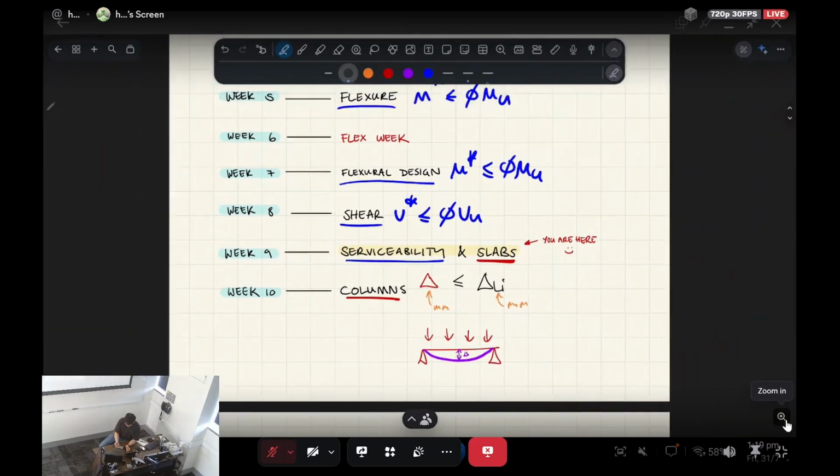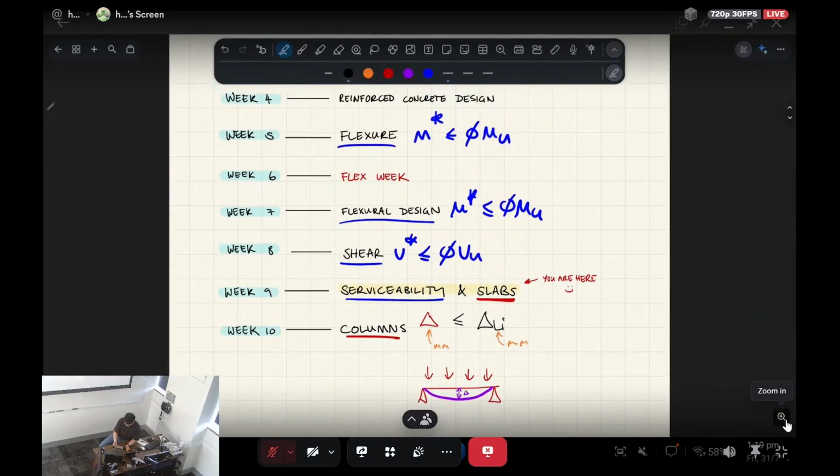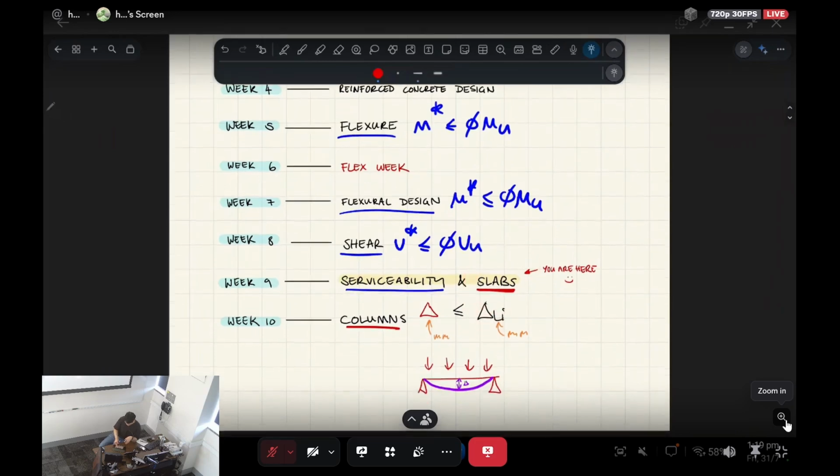So that's how this course is structured. You've got your different design actions and limits, and we learn about that in the context of beams, and then later we have these more applied topics, like the start to finish design of a slab or a column, for example.